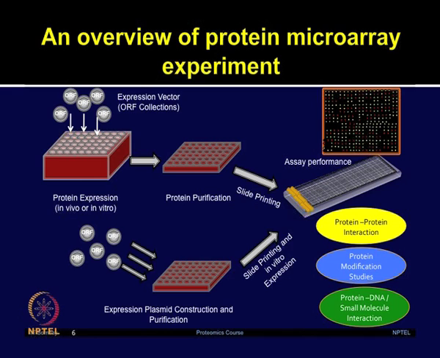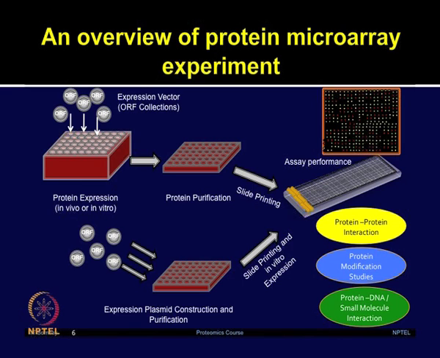Those are nowadays available in many repositories. You have those expression vectors, and then you need to purify the proteins. Most of the time you have to do this in a 96 well plate format in a more high throughput protein production system, because you cannot rely on individual tubes for purifying proteins for high throughput applications.